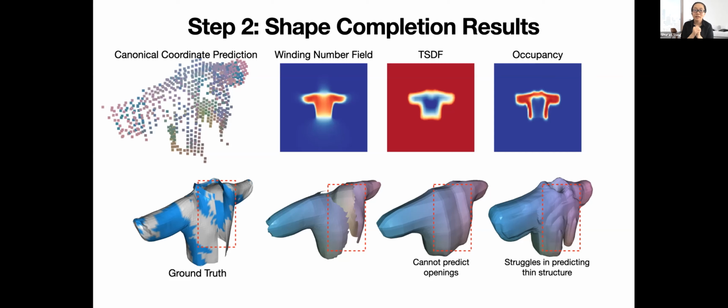On the right are the shape completion results using different shape representations. We can see that with the winding number field representation, the algorithm is able to represent very thin surfaces with the correct openings, while TSDF will not be able to represent openings, and occupancy grid will have trouble representing very thin structures.